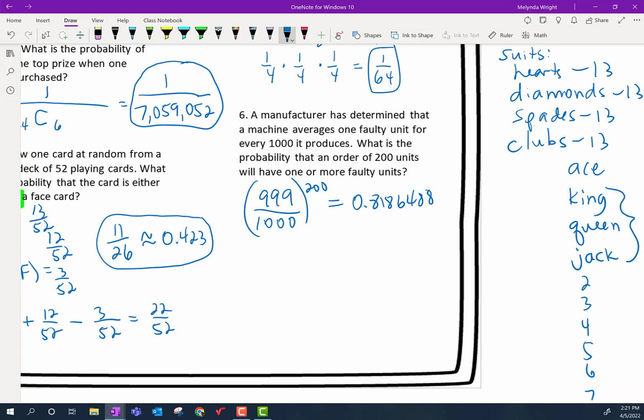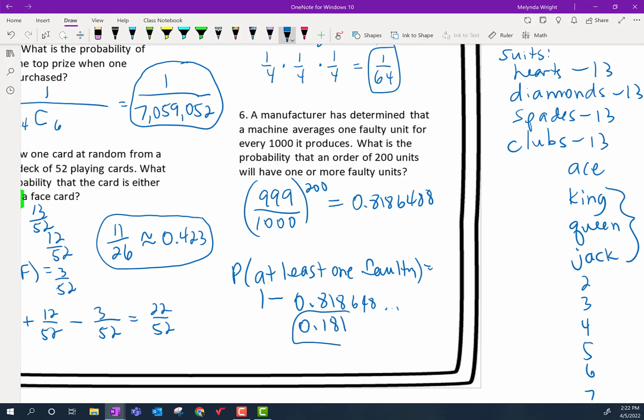So now the probability of at least one faulty is going to be 1 minus 0.818648, which is 0.181. Way easier than doing all those others. That would have been, whew, that would have been rough. All right.